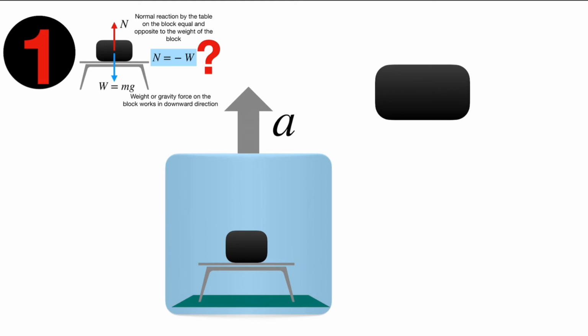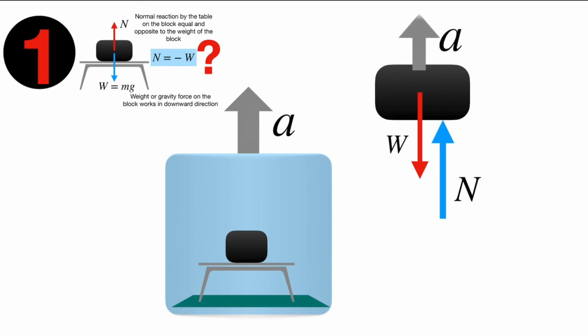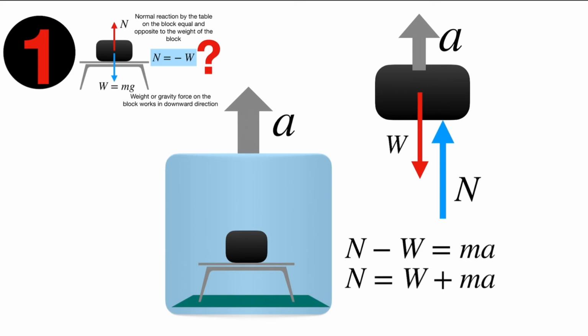Force of gravity as weight W in the downward direction and the normal reaction force N by the table in the upward direction. Now the block is moving with acceleration a, same as the elevator, in the upward direction. So as per Newton's second law of motion, the net force is equal to ma. It shows that the normal force on the block increases by force ma.